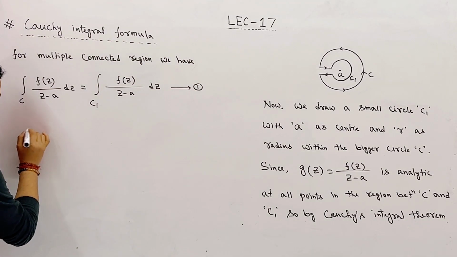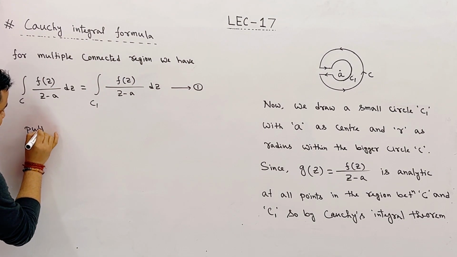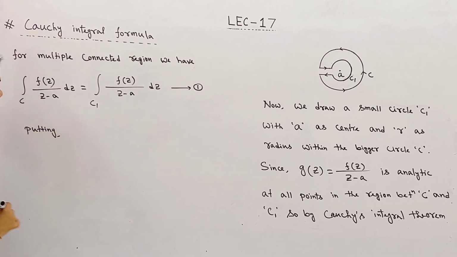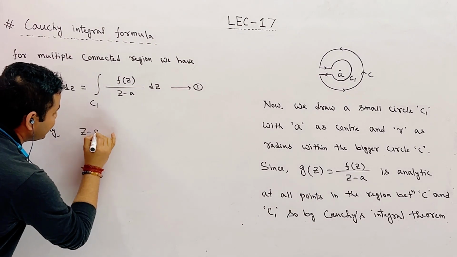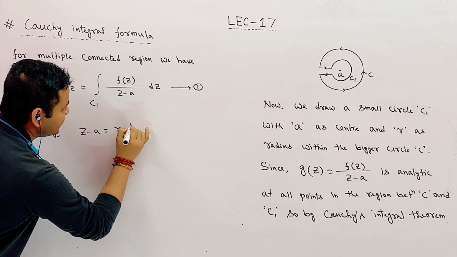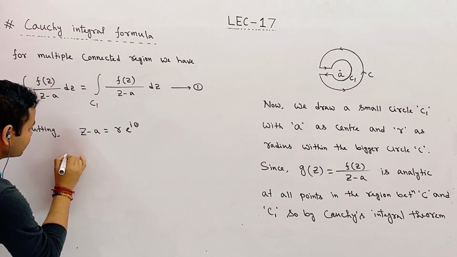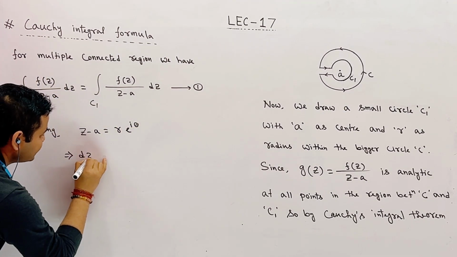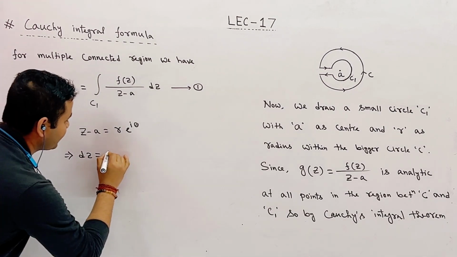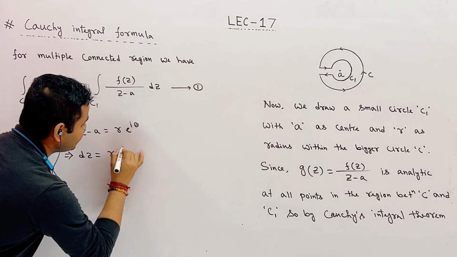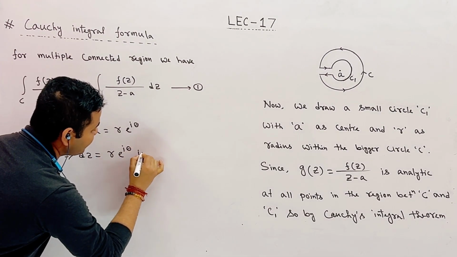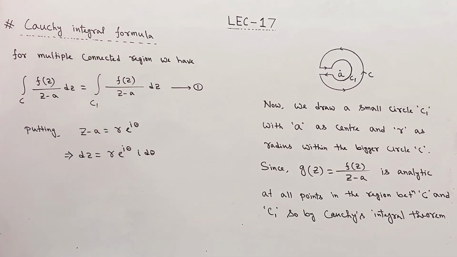Suppose let us put z minus a is equal to r into e to the power iota theta. So therefore dz is equal to r into e to the power iota theta into iota into d theta.